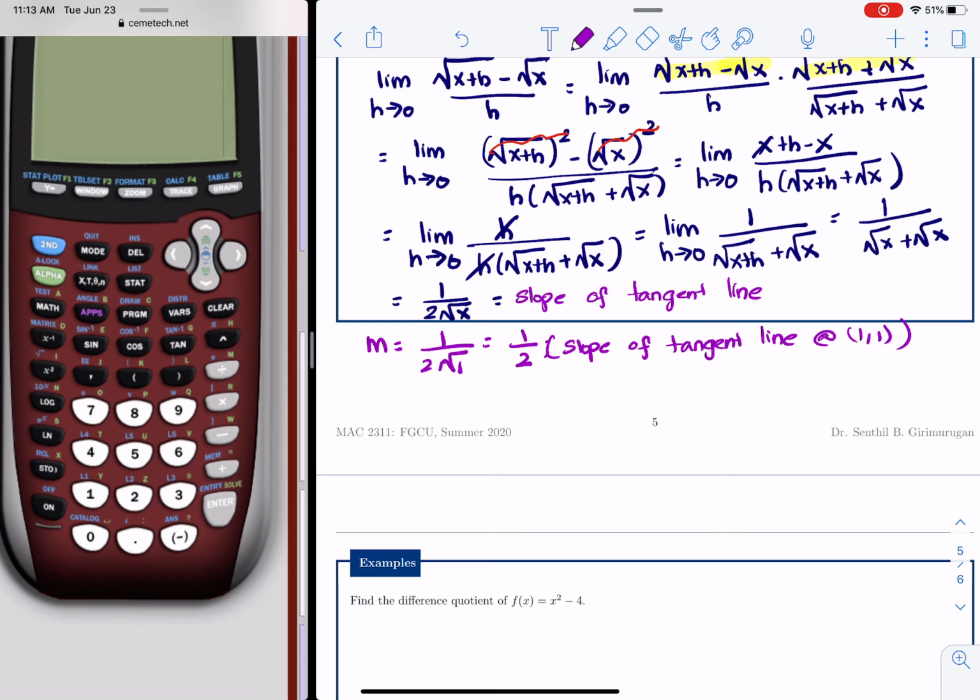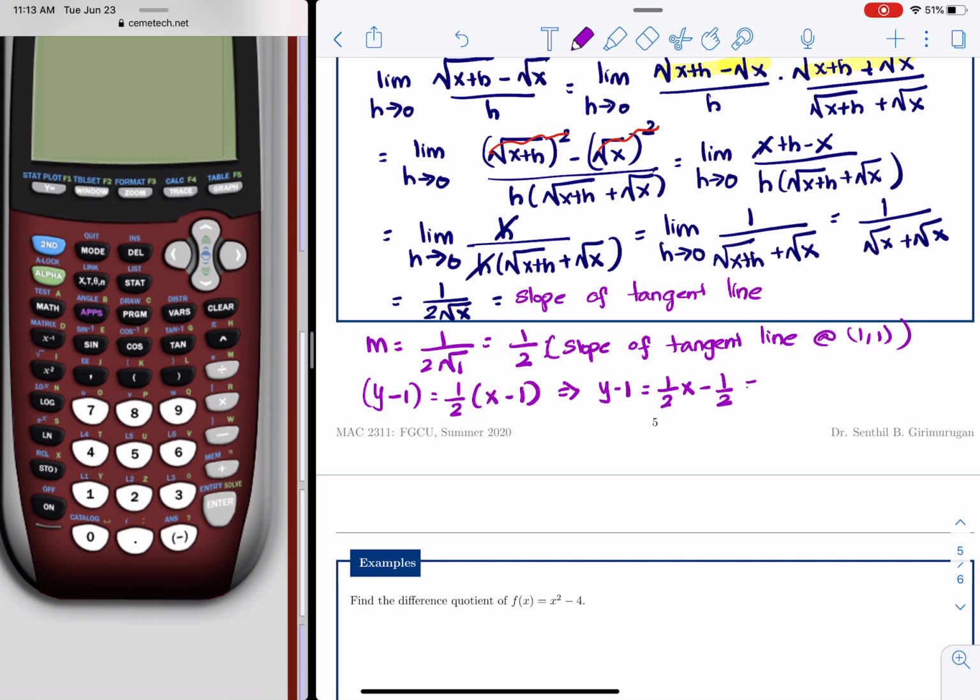And I know the point where I'm looking for the tangent line, which is 1, 1. So if I put it in point slope form, I have y minus 1 equals 1/2, the slope, times x minus 1. So that would be the point slope form. Let me just go ahead and convert it to the slope intercept form. So we have y minus 1 equals 1/2 x minus 1/2.